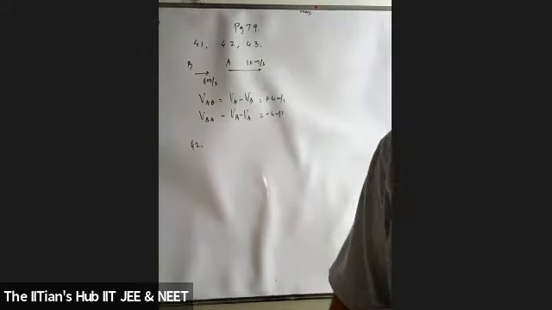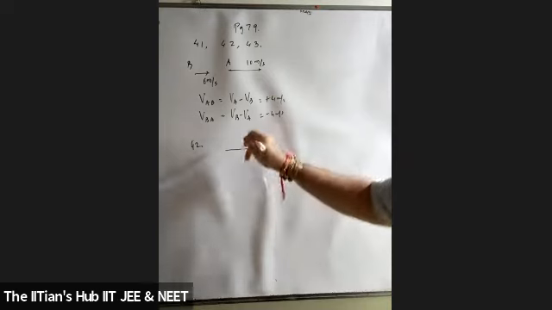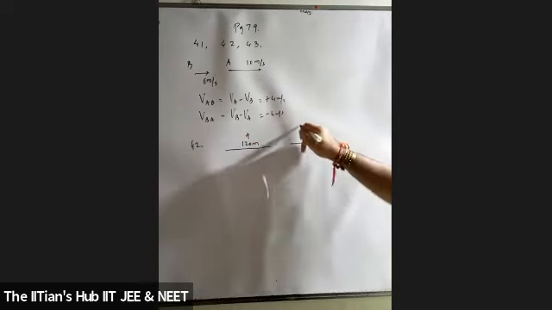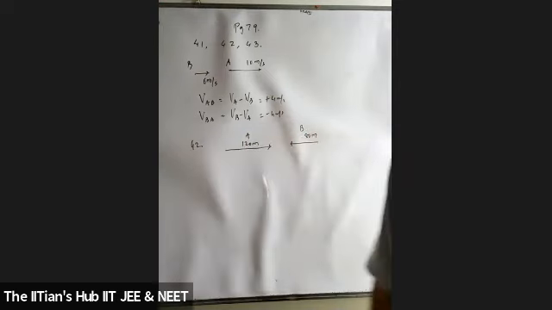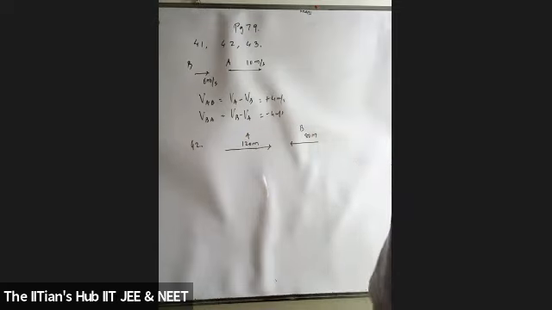Next question. Two trains, 120 meter and 80 meter in length, are running in opposite directions. Students, listen carefully. This is one train; I can consider this as A, 120 meter, and train B, 80 meter. They are running in opposite directions, students, with velocities 42 kilometers per hour and 30 kilometers per hour.